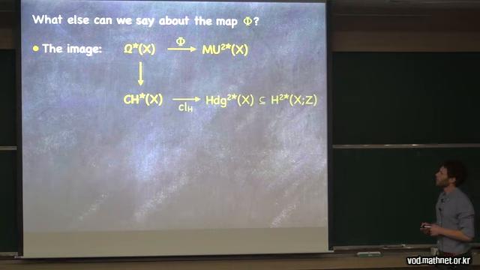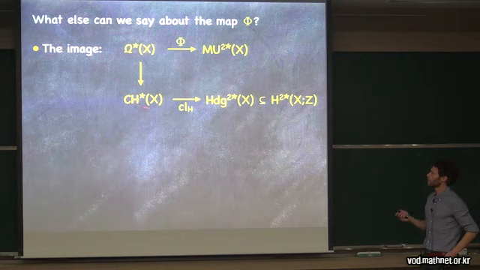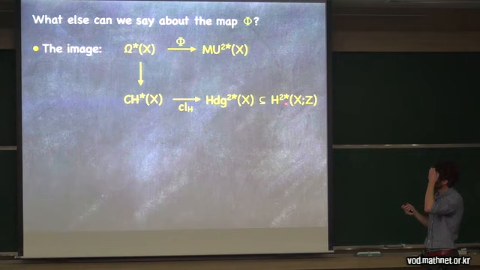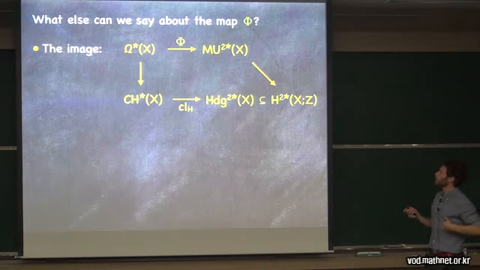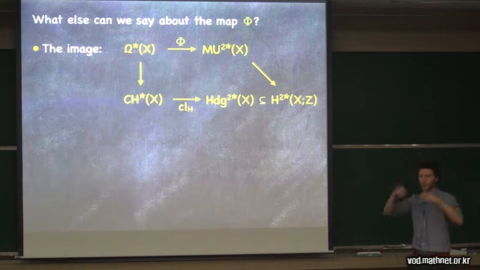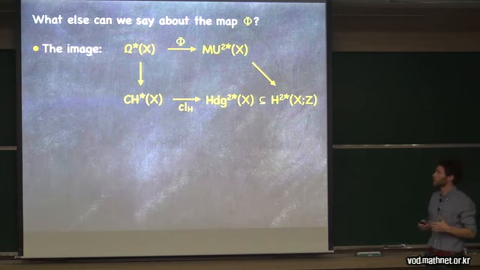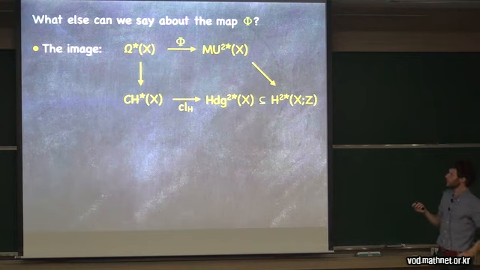And we also had the classical cycle map, which went from the Chow groups to Hodge classes, which were just some special classes contained in the singular cohomology of X. And now there's also a canonical map from cobordism to cohomology. Just by universality, since algebraic cobordism is a kind of universal cohomology theory for algebraic varieties in a certain sense, this diagram commutes.